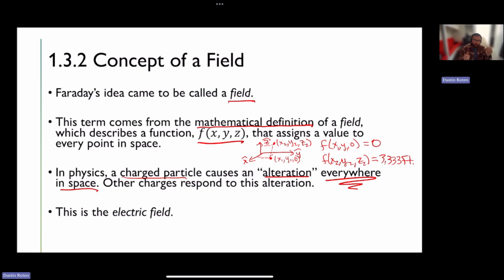So if we have one charged particle, Q1 here, and we'll say it's a positive charge, it's got some electric field coming out in all directions. Other charges respond to the alteration. So if another charge shows up here, Q2, it could be positive, maybe it's negative, doesn't matter, but the point is it's going to react to this field in space, this alteration. So this is the electric field.